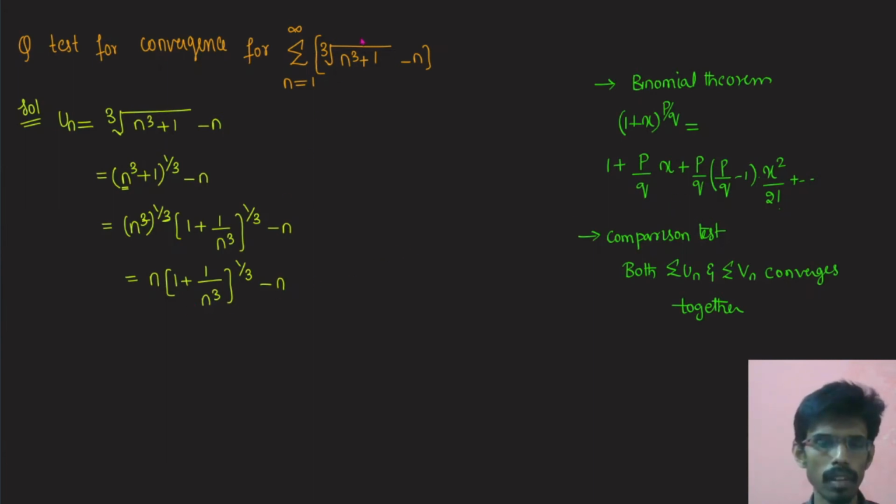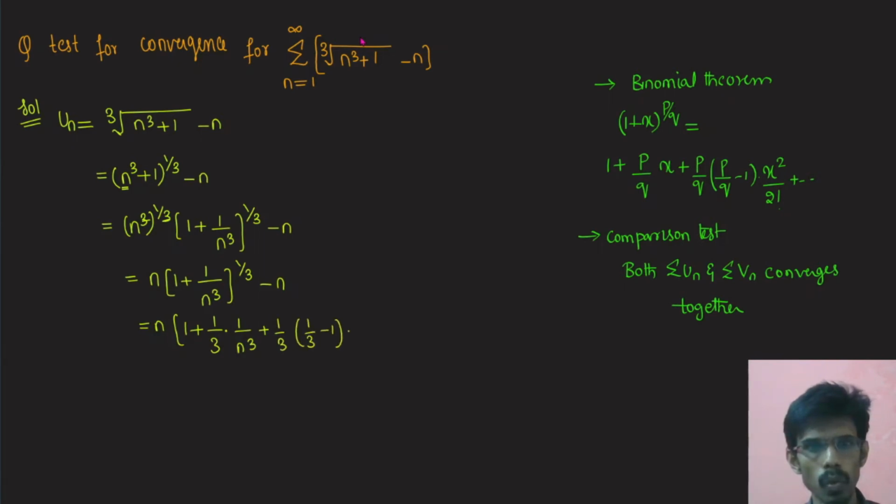So here this will become n into 1 plus 1 by 3 into x, where x value is 1 by n cube. Next we have 1 by 3 into 1 by 3 minus 1, into 1 by n cube square, by 2 factorial, and so on, minus n.